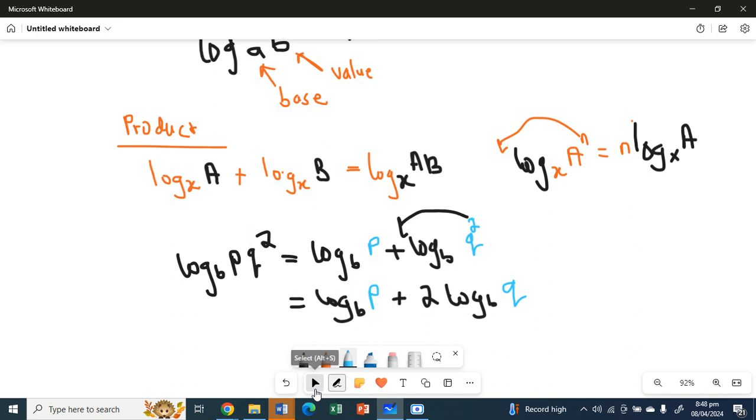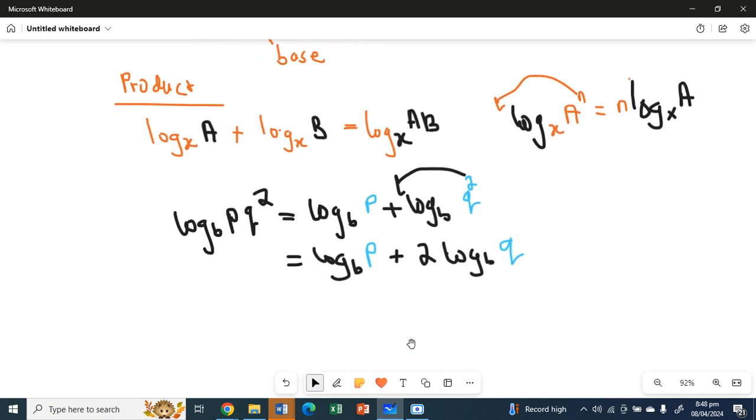Now we can express these logarithms in terms of x and y. According to the question, log_b p equals x, log_b q is y. So x plus 2y. That is our answer. Any questions?